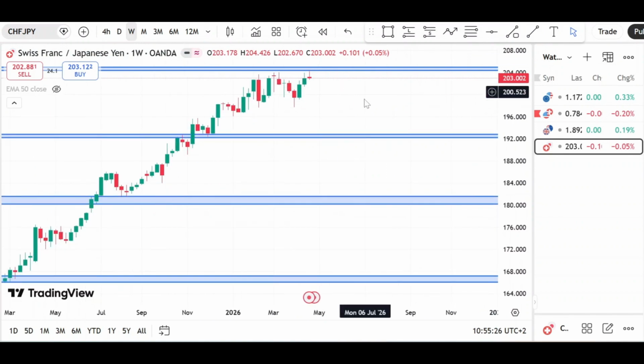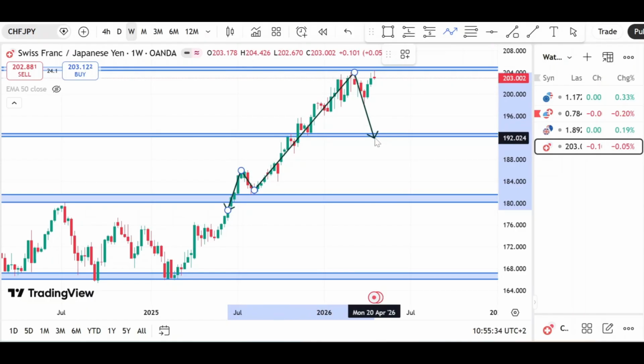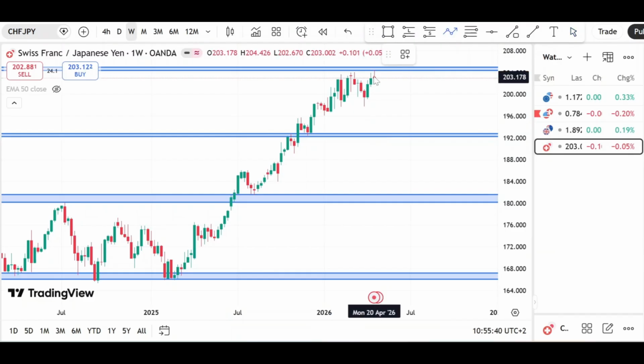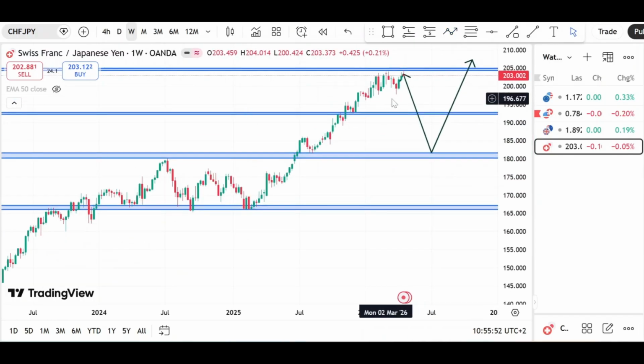So as I was saying, after a break of structure with a higher high and higher low here, you can expect the price to return back to test here before going in an uptrend, or the price might return back here to create a pullback, but this is a long-term pullback before we continue in an uptrend.